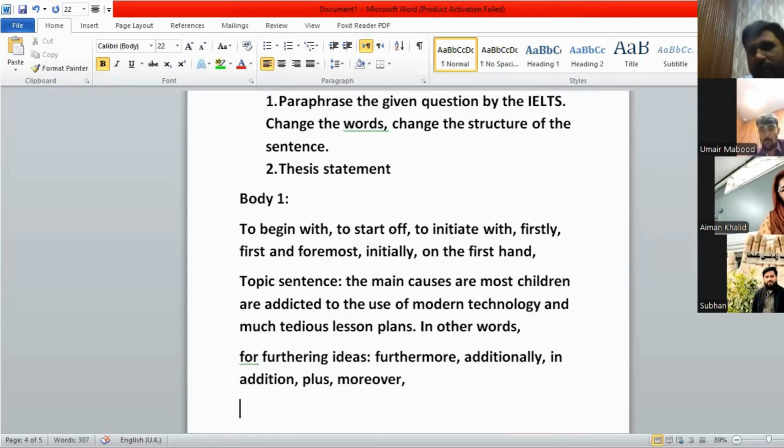Fine. Now you can write the second cause, and then an example must be given.